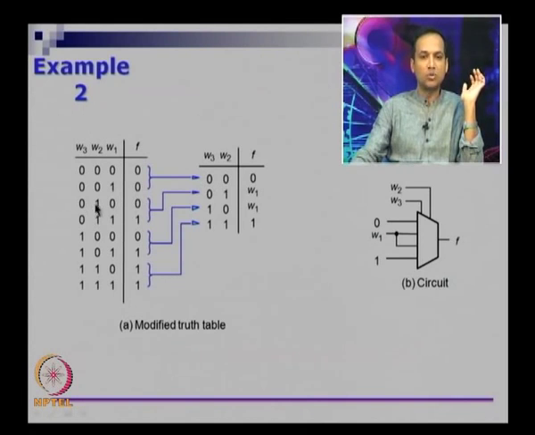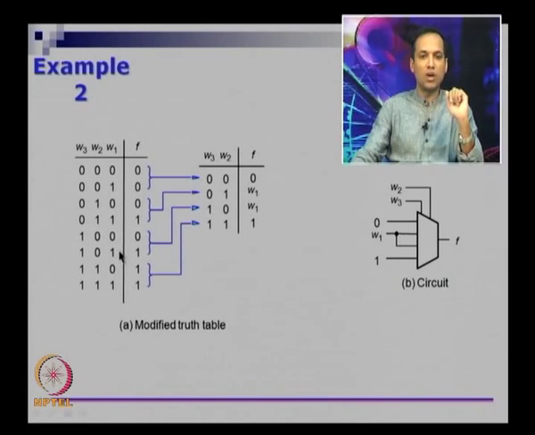Then you look at the next two rows, 0 1 0 and 0 1 1. In this case W3 is 0 and W2 is 1. So at least these two remain the same, but if you look at f, f is not 0 like here, it is actually changing with respect to W1. So f takes the value of W1 in these two rows, so you can write that as W1 here. Similarly f takes the value of W1 for these two rows, because you are keeping W3 and W2 constant.